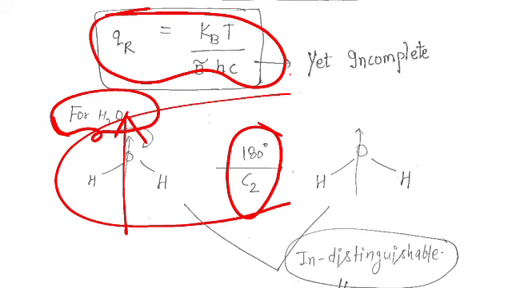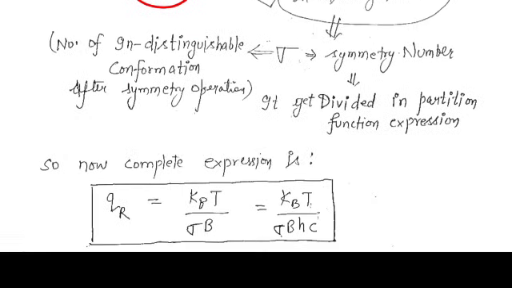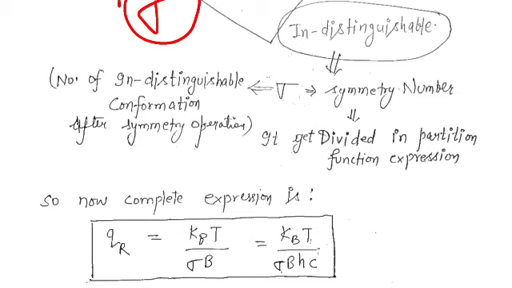So this kind of thing we are neglecting in our expression. For a molecule, if such rotations are there which are indistinguishable, what is the factor which covers this? So here we take a new thing, that is sigma. Sigma is the new thing which will cover these symmetry operations which are indistinguishable.